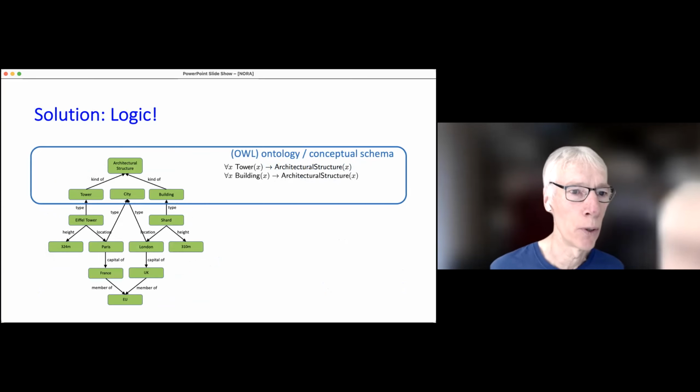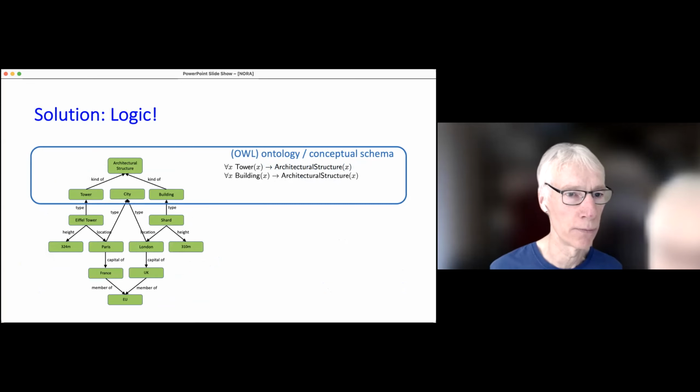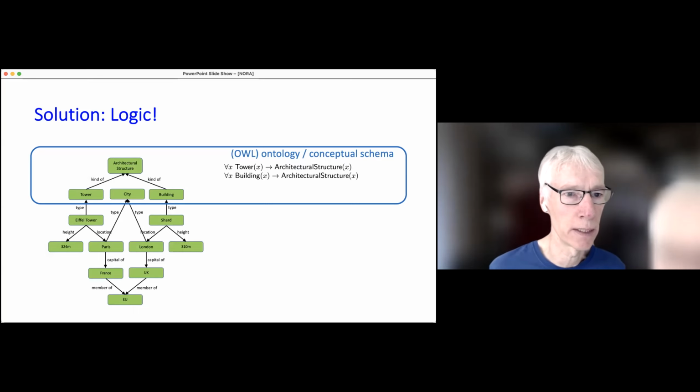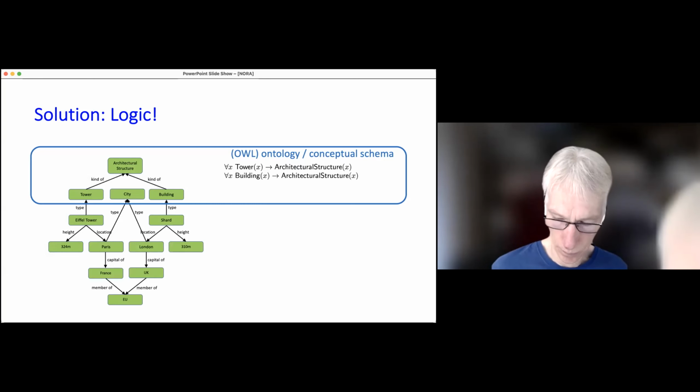For example, these kind of edges in the schema part of the graph, we treat as logical sentences of this form, which basically capture the inclusion relationship. This says for all x, if x is a tower, then x is an architectural structure, and similarly for buildings and architectural structures.